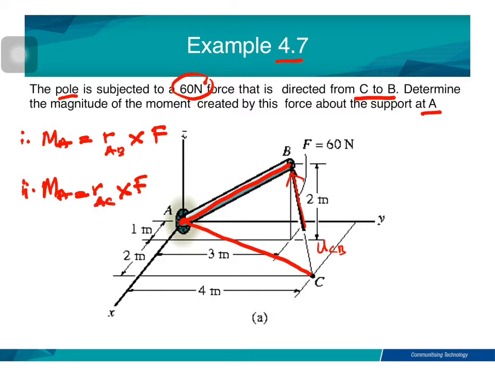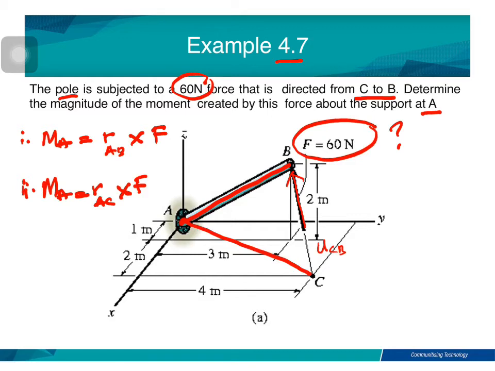Okay. So can you write it into a determinant to get the moment of force about point A? Don't forget, this is our force. Is our force already in Cartesian or not? So what is the step?